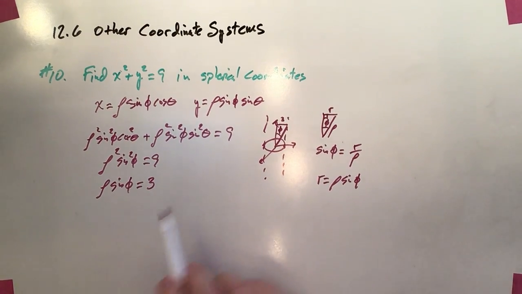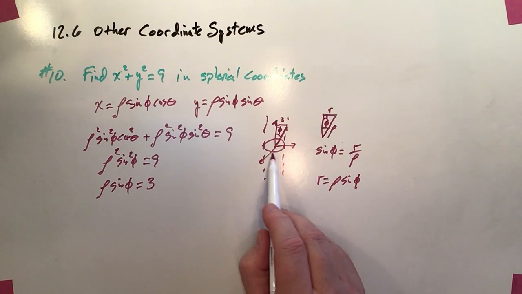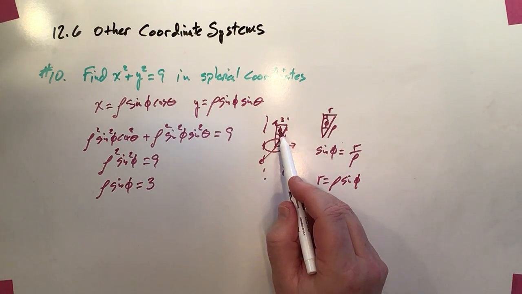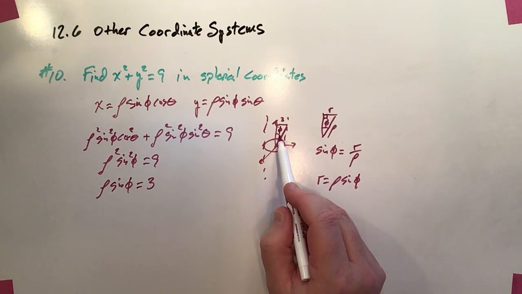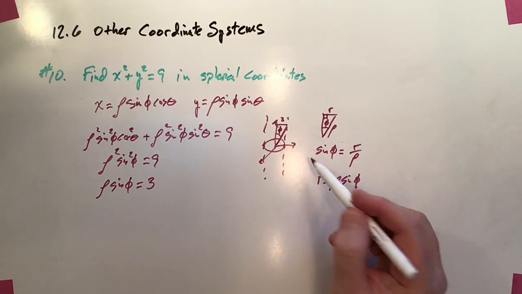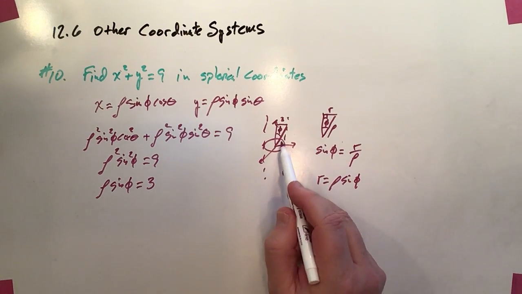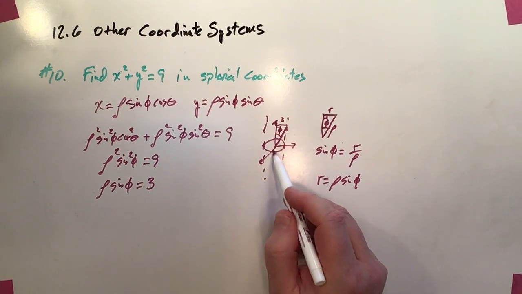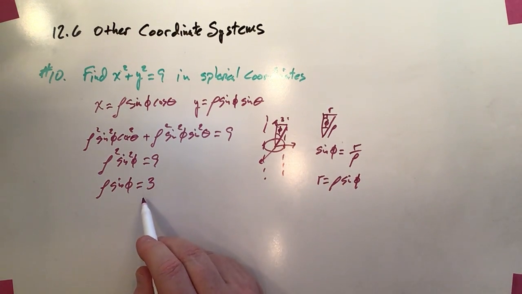Notice with no restriction on theta, this can swing around in 360 degrees, and as long as phi remains above the xy plane, then we'll end up with all the positive values. And if we go down below, we'll end up with the negative value. So that's why we don't really need the plus or minus.